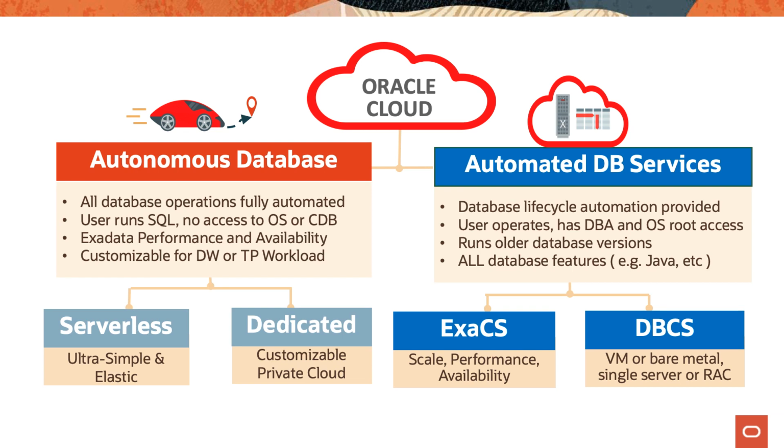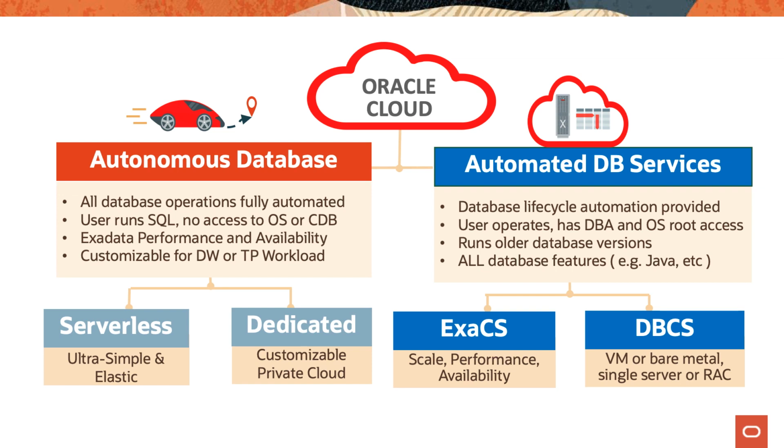The other service that I'm going to talk about today is the Autonomous Database Service. In this service, all database operations are fully automated. The user runs SQL with no access to the operating system or the container database. This service is built on top of the Exadata platform, so they will get Exadata performance and availability.